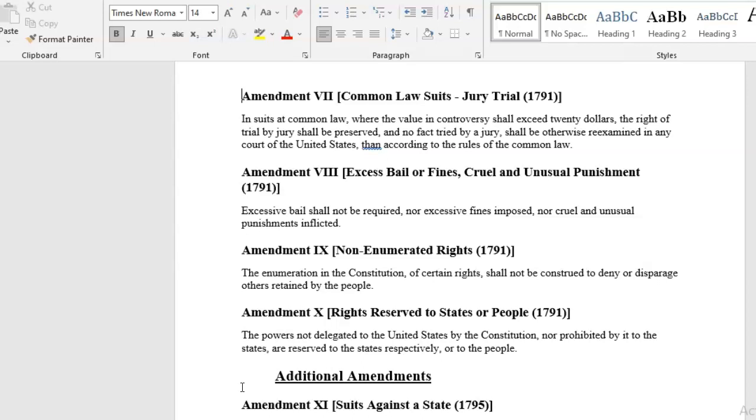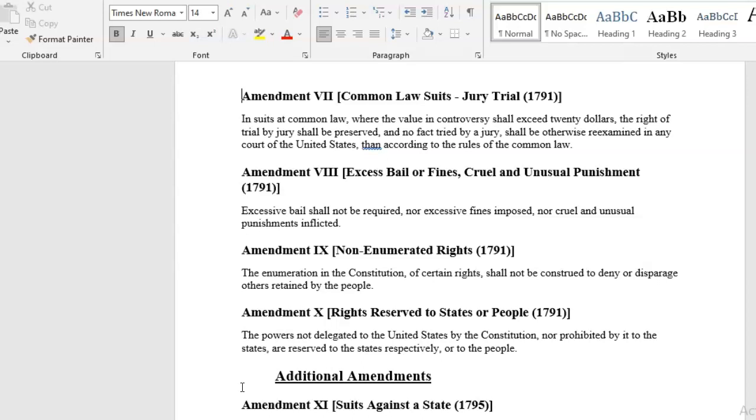The 9th Amendment is the non-enumerated rights. Remember, I told you our rights are God-given, but the Constitution enumerates some of them. But what about the ones that haven't been enumerated? So it says the enumeration in the Constitution of certain rights shall not be construed to deny or disparage others retained by the people.